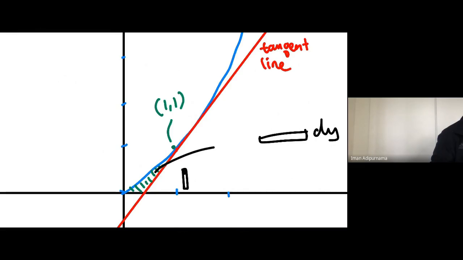Check whether it fits with your integration or not, and which one is easier. If you are using dx, then at this point you need to have separations, right?